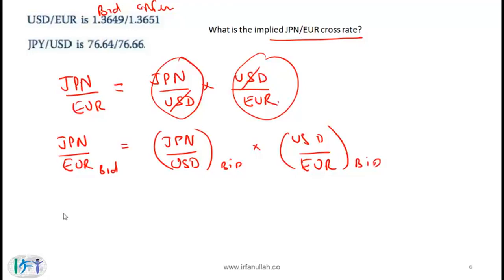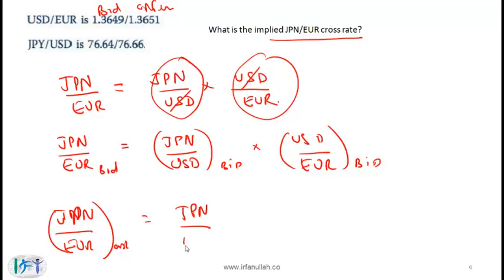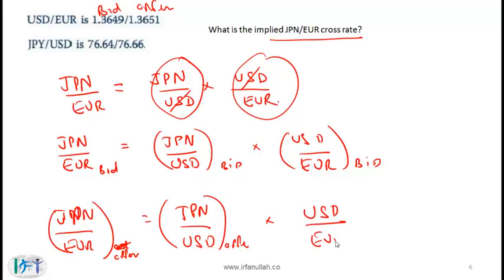And the Japanese yen to euro ask, or actually the term I've been using is offer, is equal to the Japanese yen to USD offer multiplied by USD to euro offer. This should be easy to remember. When you are calculating the bid, it's the product of the bid and the bid. When you are calculating the offer, it's the product of the offer and offer.